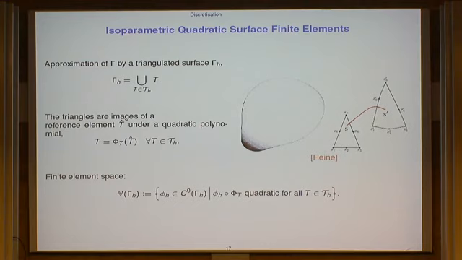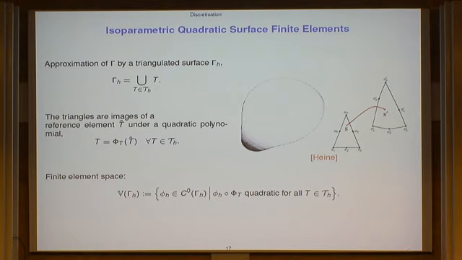So we actually use isoparametric quadratic surface finite elements. And the idea here is that, again, Gamma is approximated by a triangulated surface, which is made up of the union of triangles. But now each of the triangles is the image of a linear reference element under a quadratic map. Okay? And this idea was used, for example, by Heine, I think, in 2003 and 2004.